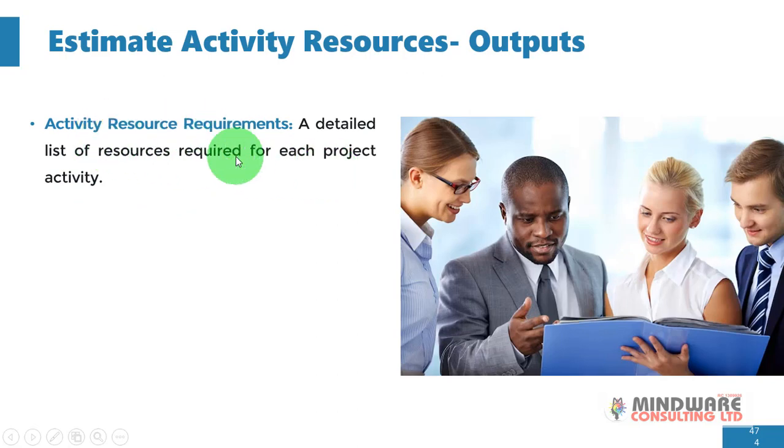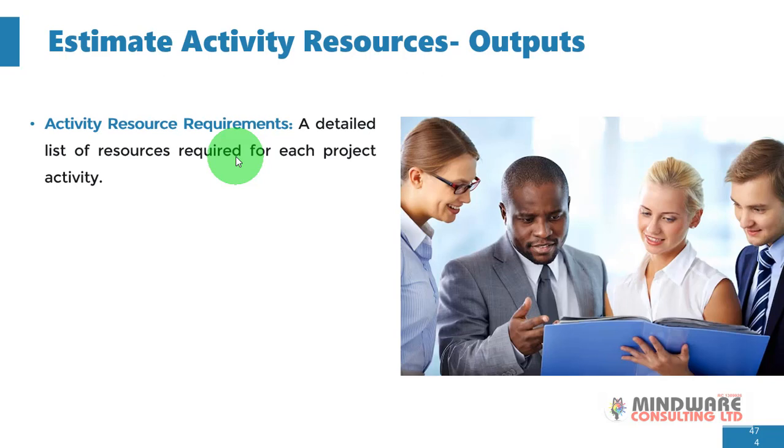So this document gives you a list of all the resources, all right, your human resources, your materials. If it's raw materials you need, okay, what types of raw materials, all right, where are you going to get them.